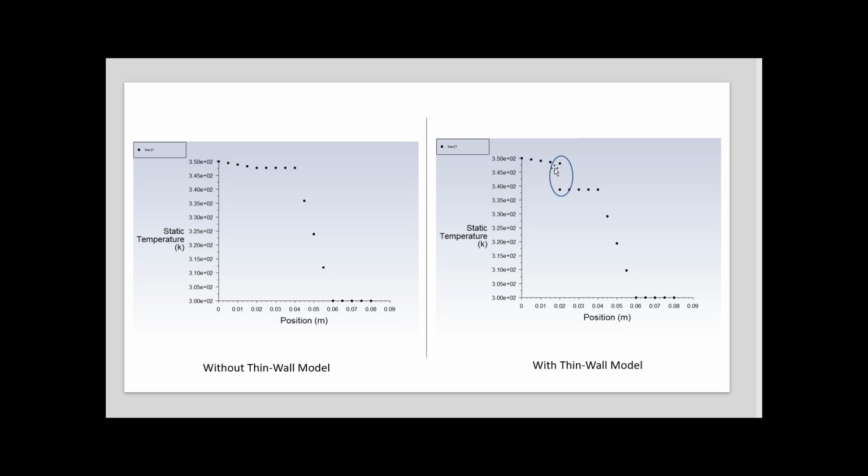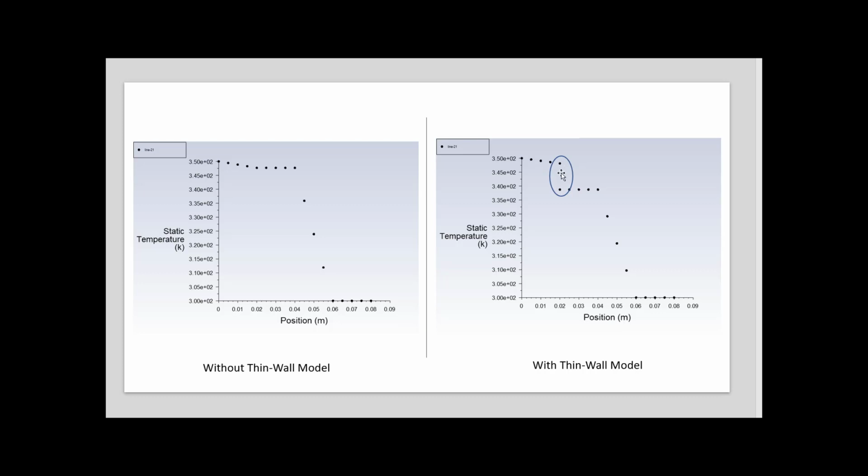Also, something important to remark is that this point and this point are at the same coordinate, 0.02, that is the height of the heater. And that's because the thin wall model is an artificial thickness. It does not include any additional mesh or solid in the wall where we are prescribing it. It's just artificial.